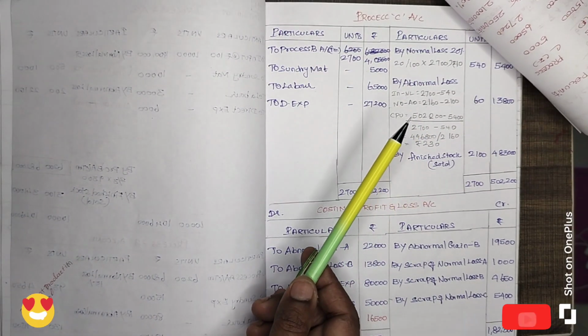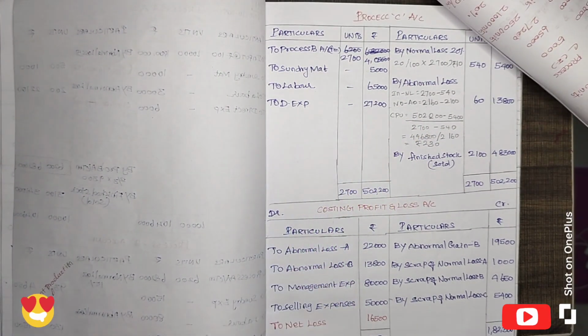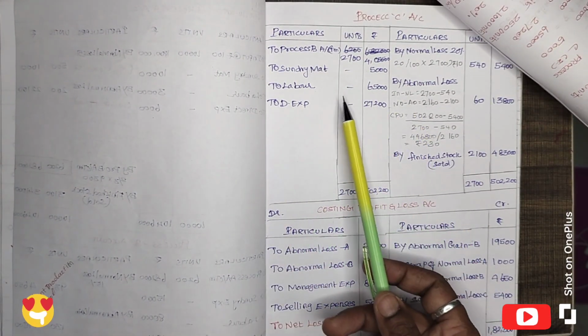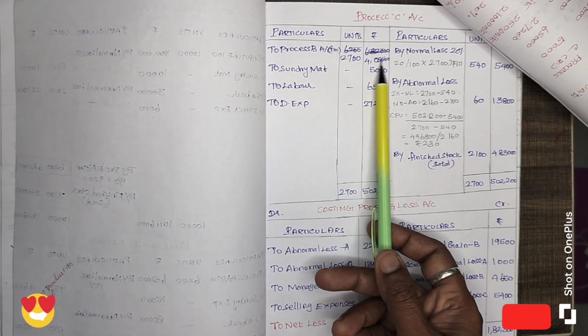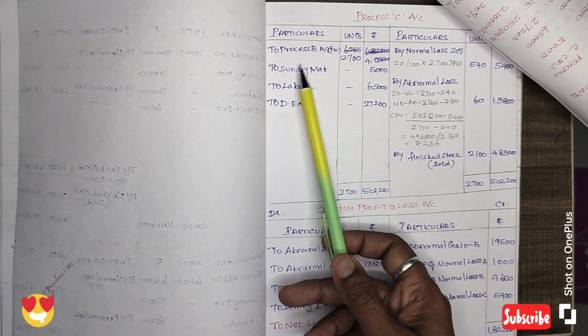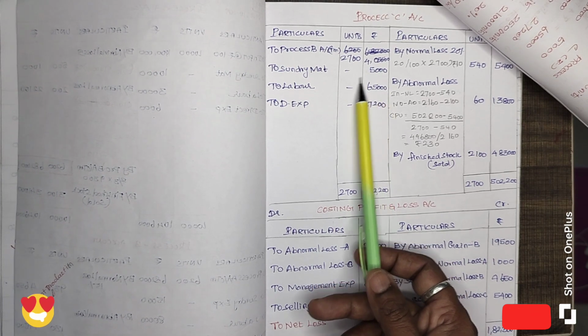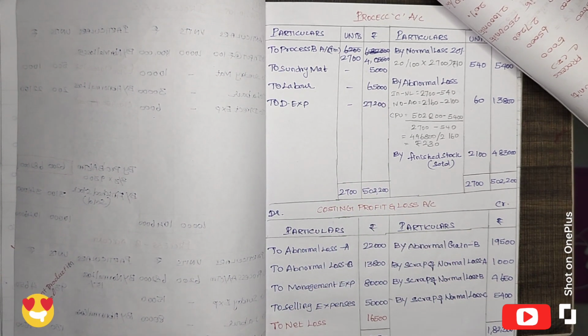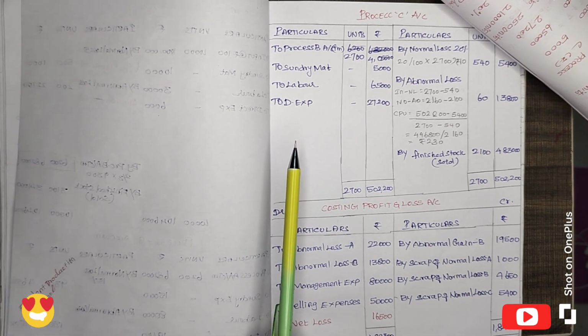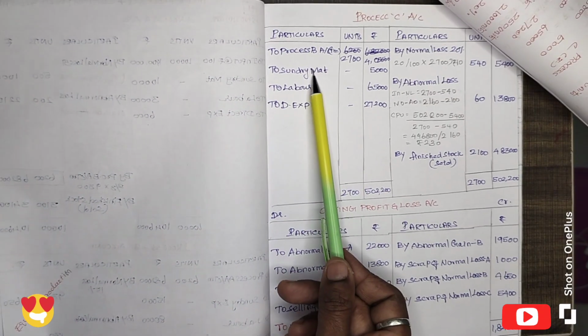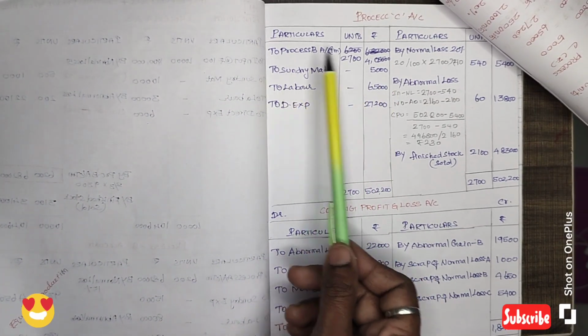We take the output from the process B account and enter it on the debtor side of the process C account as input. The input value of process C is 2,700 units and 4,05,000 rupees. Against this you write process B account, because this value is taken from process B account.